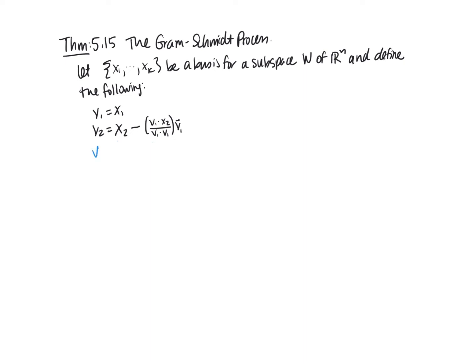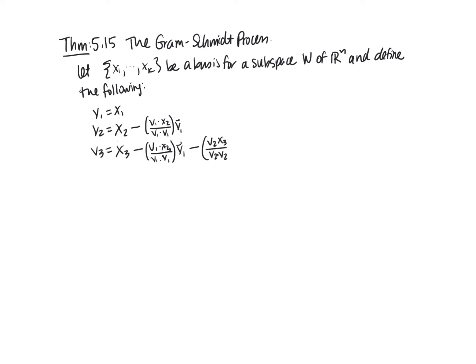Well, I want V3 to be orthogonal to x1 and x2. So V3 is going to be x3 minus, we want to subtract off the part that's in the direction of V1. And then we want to subtract off the part that is in the direction of V2.